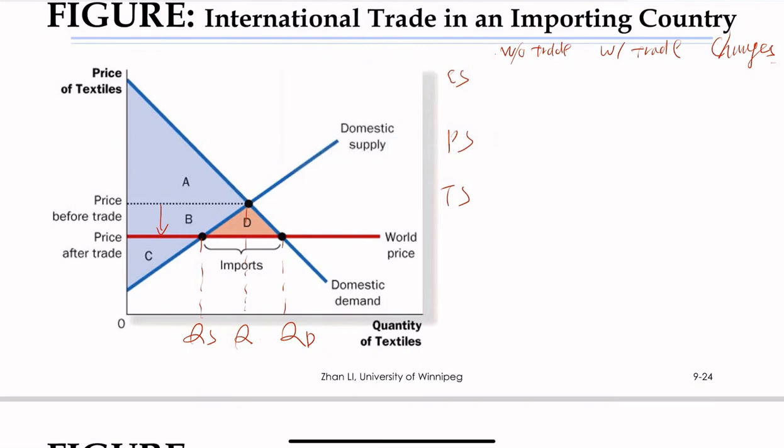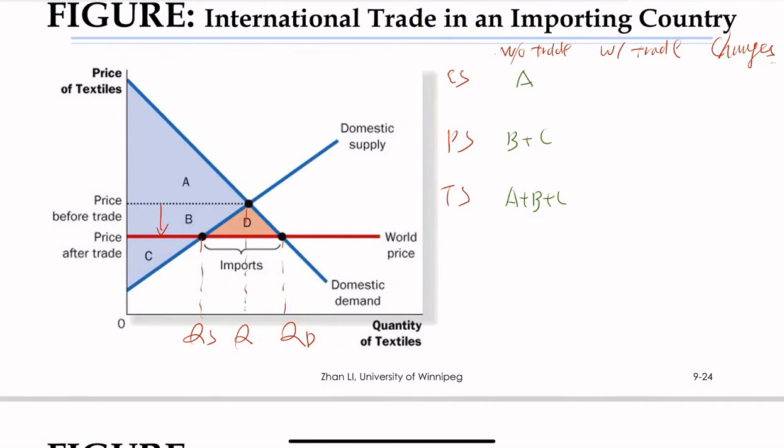So without trade, consumer surplus is given by A. And without trade, producer surplus is given by B and C. So again, total surplus is A, B, and C. What about the case when there is trade?